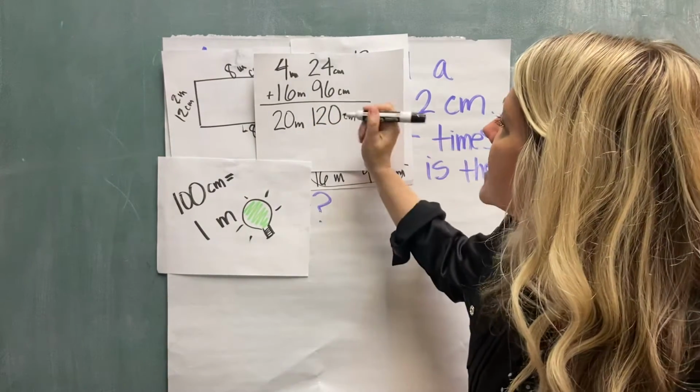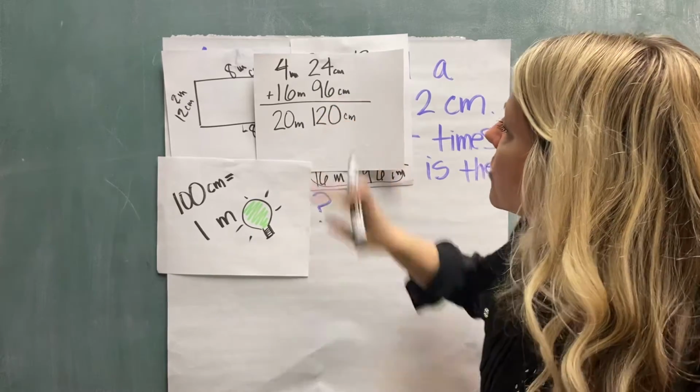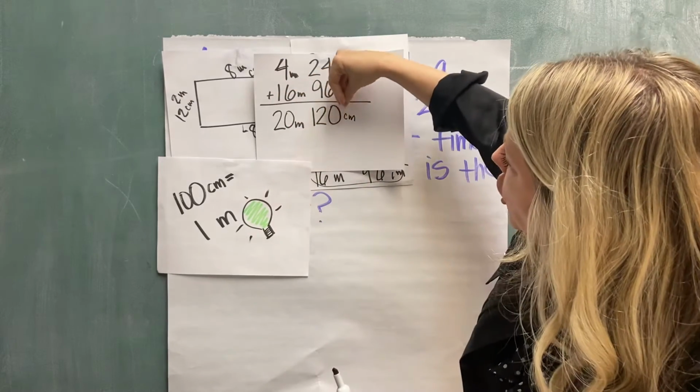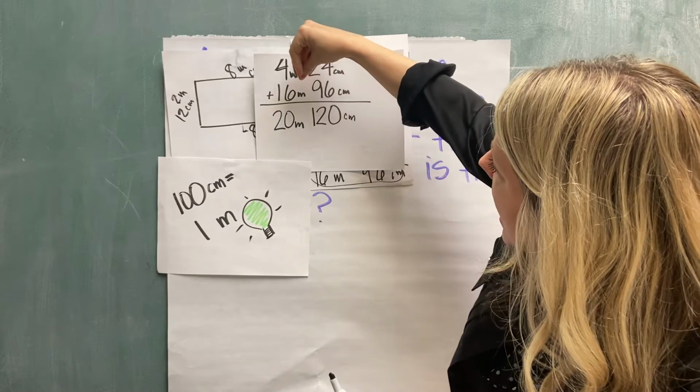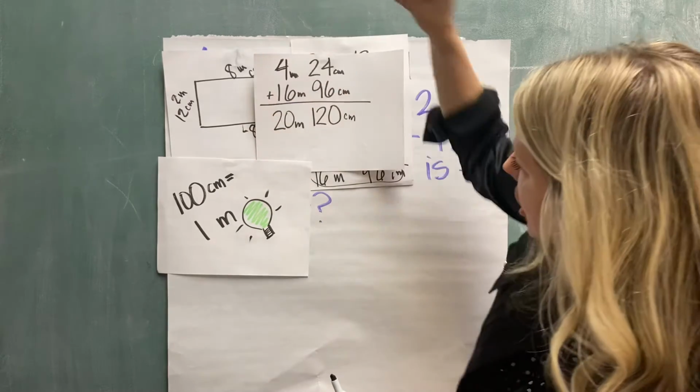What if I take that 100 and I pull it out and I make another meter?